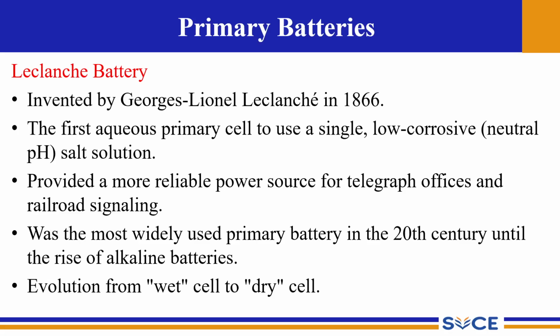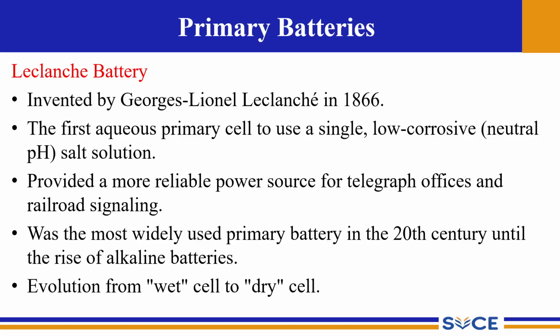This battery provided a more reliable power source for telegraph offices and railroad signaling, which were important offices in those days. In these crucial applications, a dependable and consistent source of electricity was essential, mainly for communication and for safety.